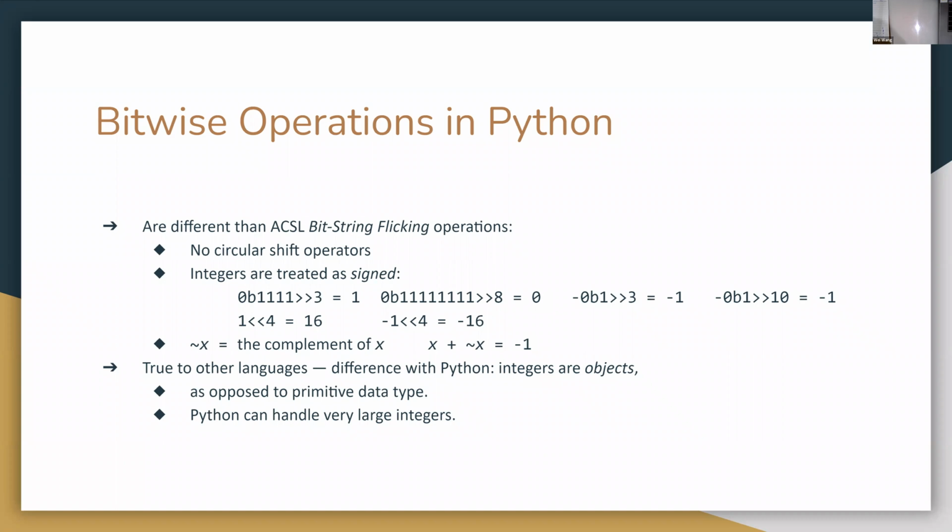If you do a right shift, it doesn't just fill up the left end with 0. It actually fills it up with the sign of the integer, which in this case would be 1.